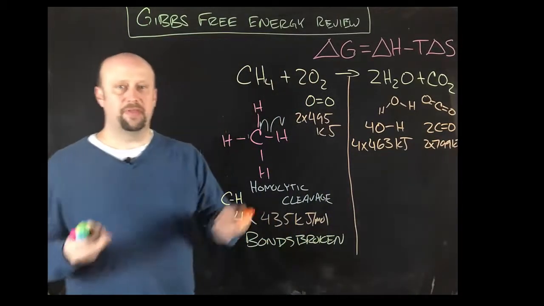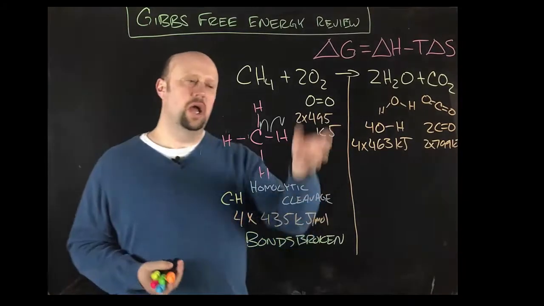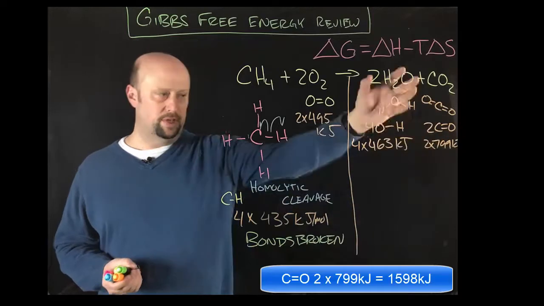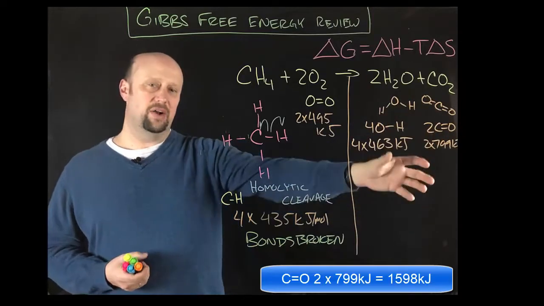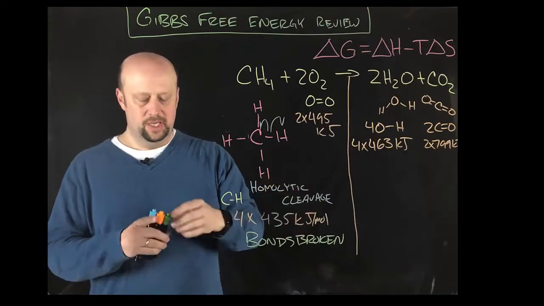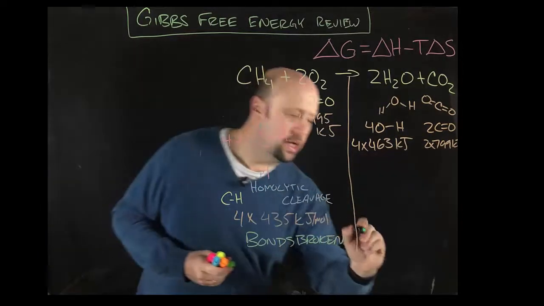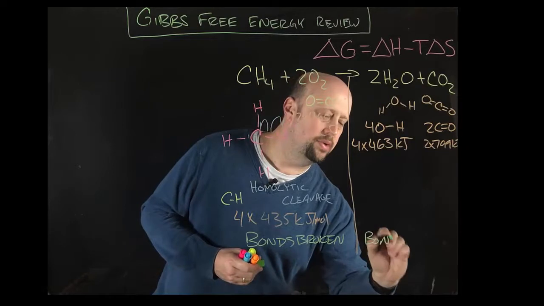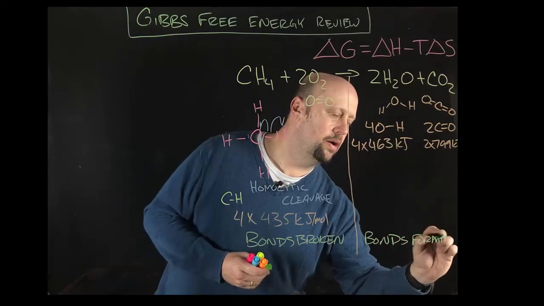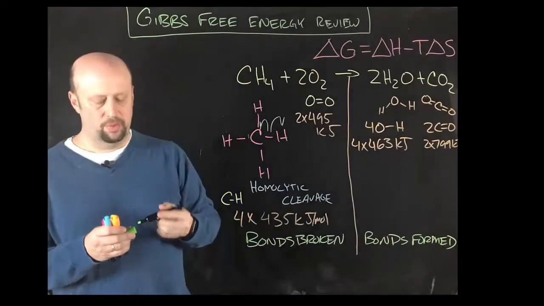Now, I'll pop the math up in the video when I'm editing it for you later, but what you can already see just by looking at this is that my formation is higher energy than my breaking is. Okay, so my bonds broken compared to my bonds formed over here. Okay, bonds formed is higher.